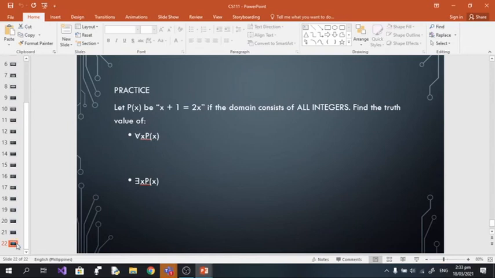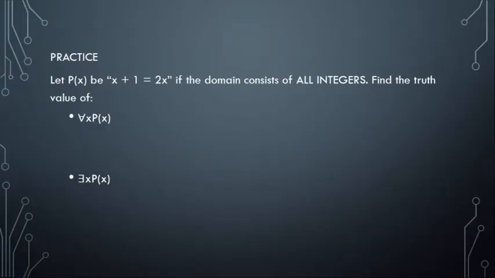So if you look at it, it is more complicated to get the truth value for the universal quantifier, because you have to make sure that the given predicate returns a value of true. For all x, p of x is true.